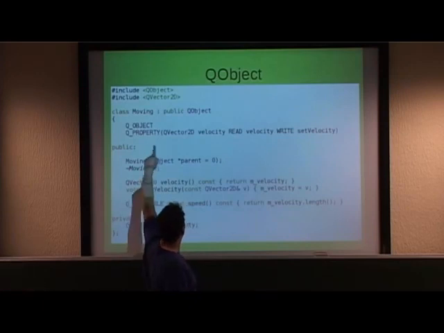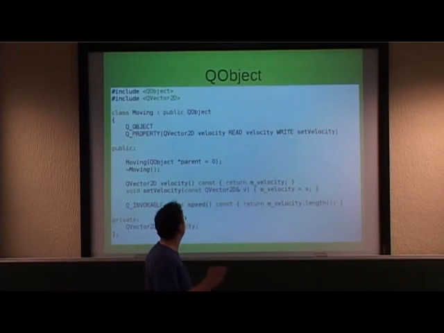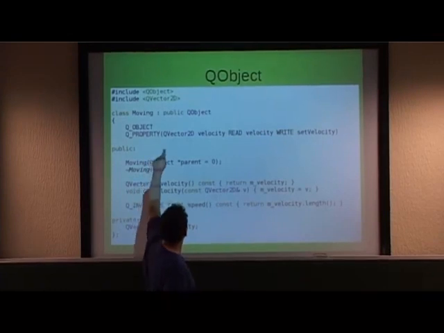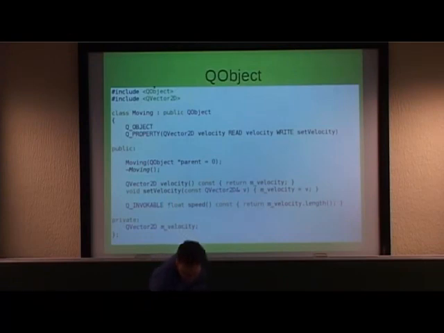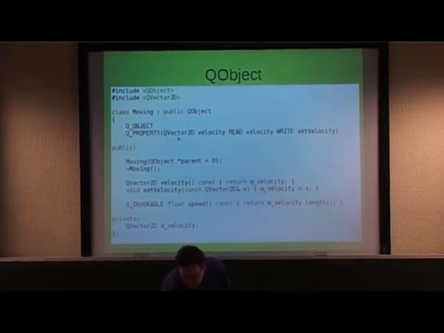Okay, so this Q_OBJECT macro declares it as a QObject, and moc automatically adds some stuff to the class to make it more dynamic. For example, you can use the Q_PROPERTY macro to add properties. I think I'll use the mouse, right? Yes, the mouse. So this property is called velocity, and it's of type QVector2D.